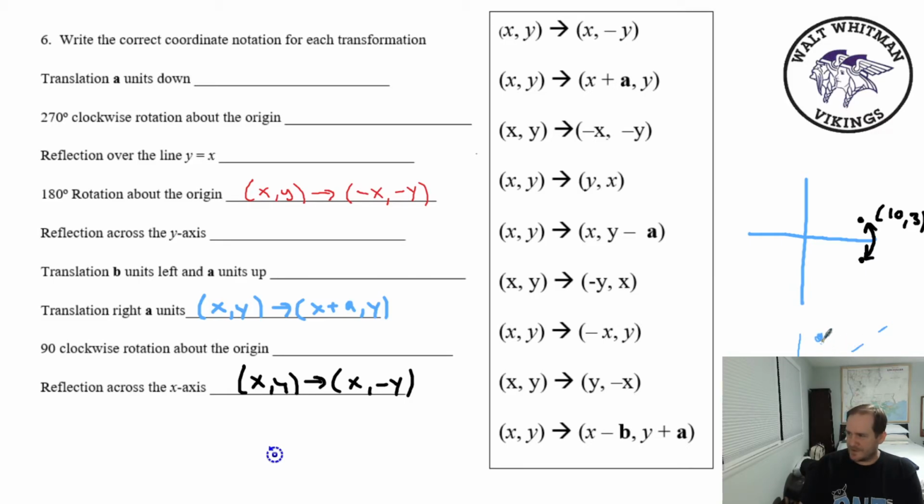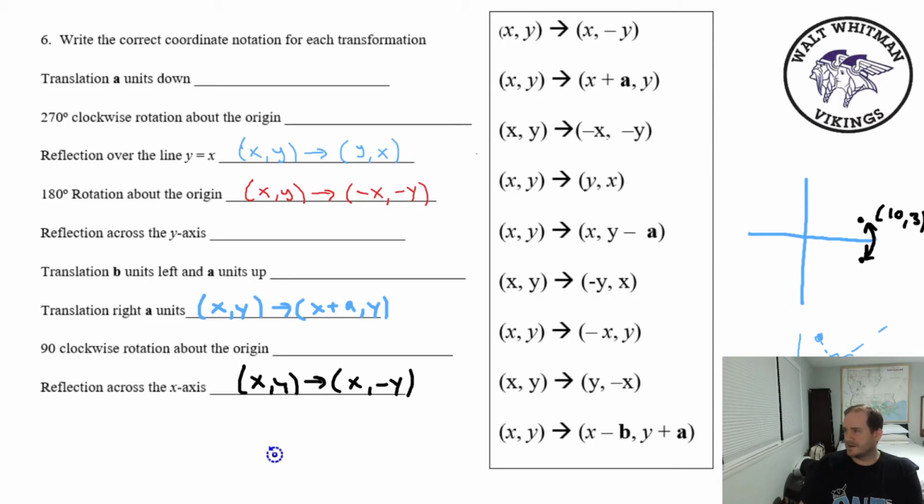And then maybe you can tell by looking at that those 2 points are equidistant from our little mirror line, and the line connecting them is perpendicular to our little mirror line. And we know when that happens, we're looking at a reflection. So that means that one goes on that line. So the reflection over the line y equals x, that's the rule where you interchange the two coordinates. You let y come first and x come second.